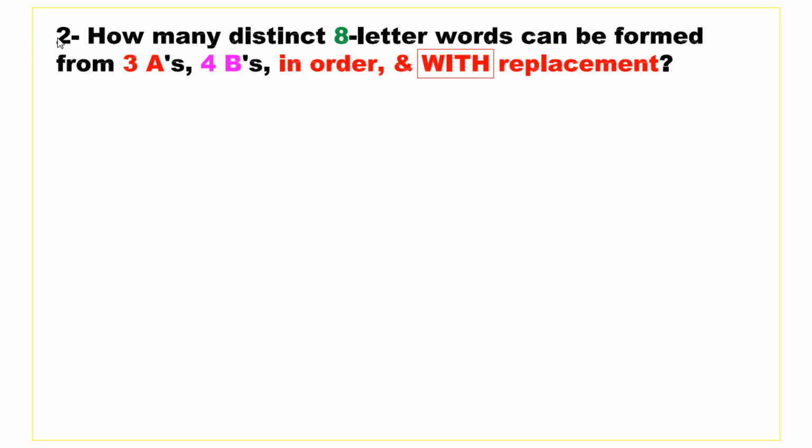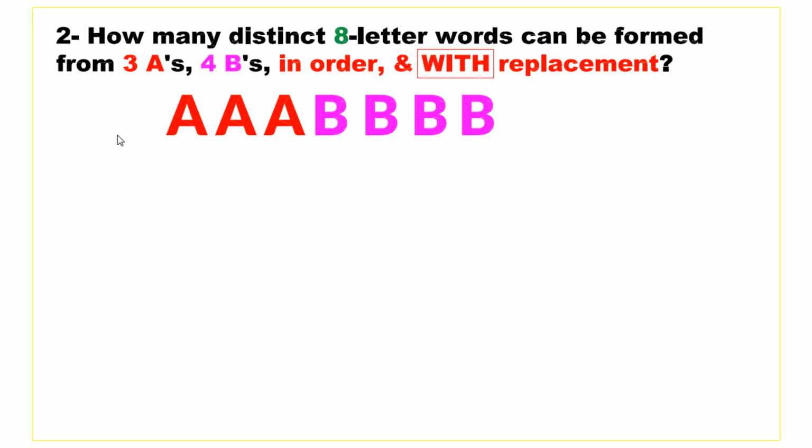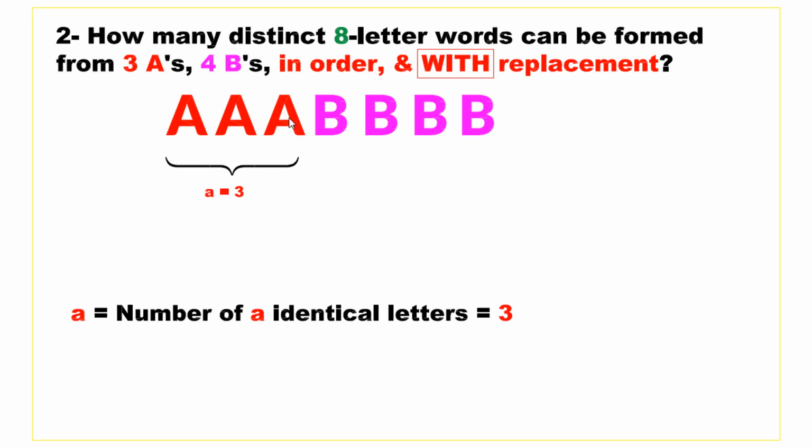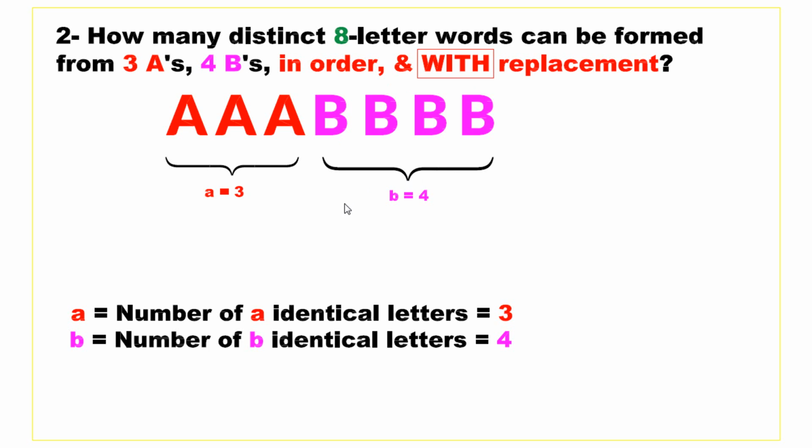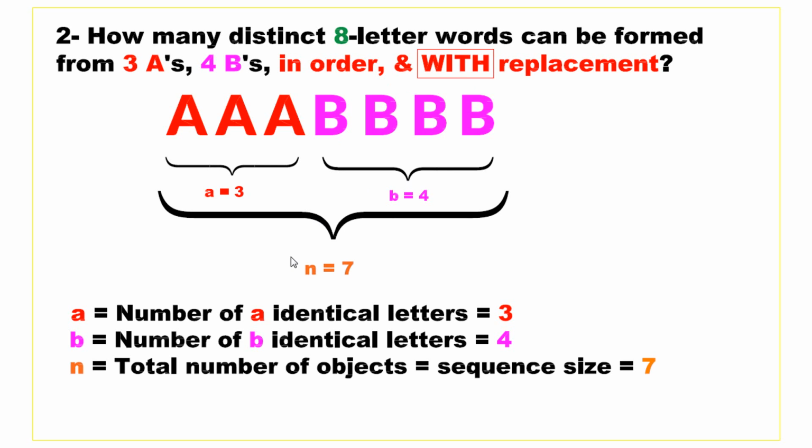The second question is how many distinct 8-letter words can be formed from 3 A's, 4 B's in order and with replacement. So we have here this word composed of 7 letters. We have 3 identical letters A and 4 identical letters B, and the total number is 7 letters.